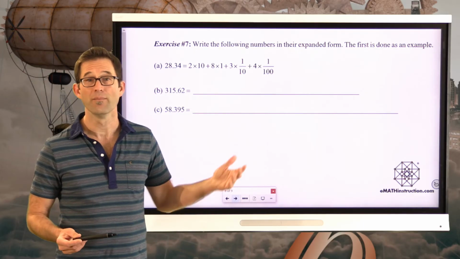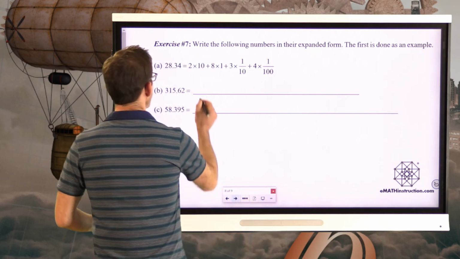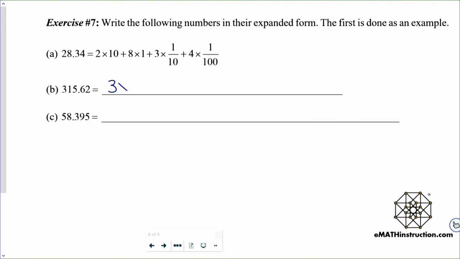All right, let's do it. So in this case, again, it's all about the number 10, right? So what we are going to have here is 3 hundreds, right? We're going to have 1 ten. We're going to have 5 ones. We're going to have 6 1/10ths.